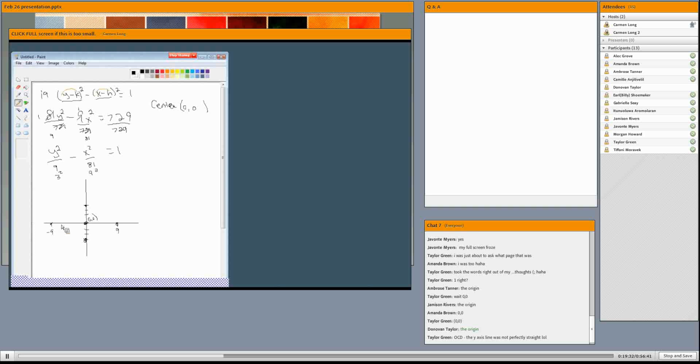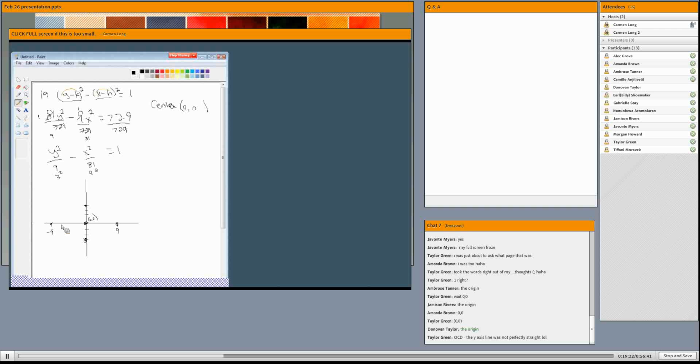But that's okay, because with hyperbolas, it's all about which one is first, not which one is bigger. So this axis is actually bigger. I never can remember the name of that other axis. Conjugate, yeah. The transverse is the one that connects the vertices.